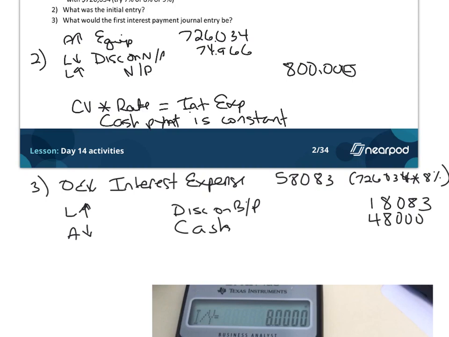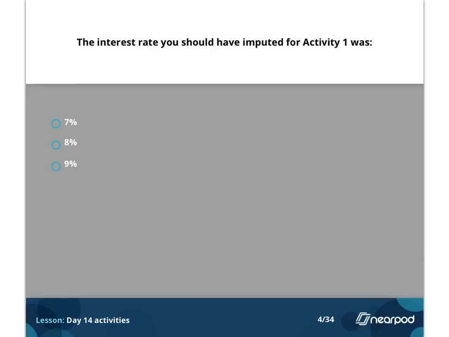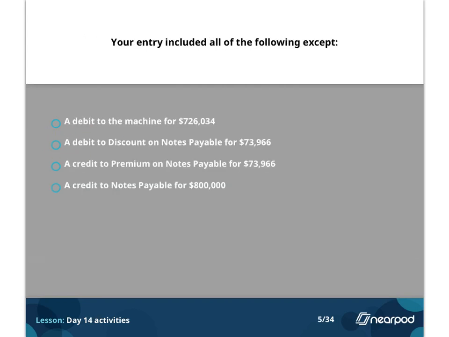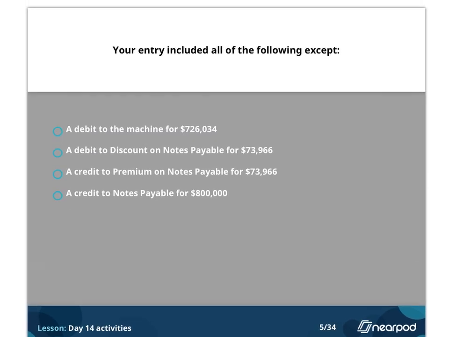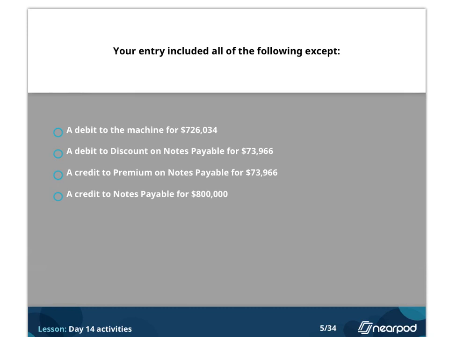So that's what that entry would look like. So the interest rate you should have come up with right there, 8%. Your entry included all the following except, this is just asking you about that entry that we just made. Except I might have written it wrong.